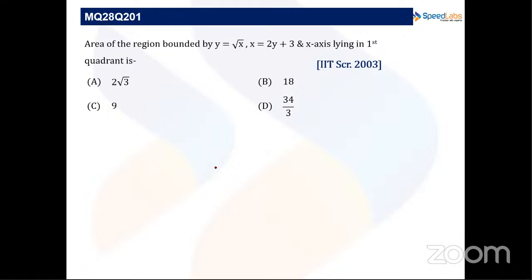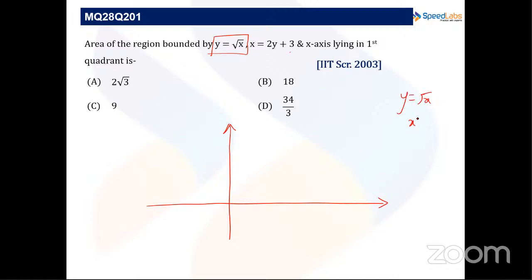Moving to the next question, we are given to find the area of the region bounded by y equals to root x, x equals to 2y plus 3, and y-axis lying in the first quadrant. y equals to root x means x equals to y square, or we can write it y square equals to x.